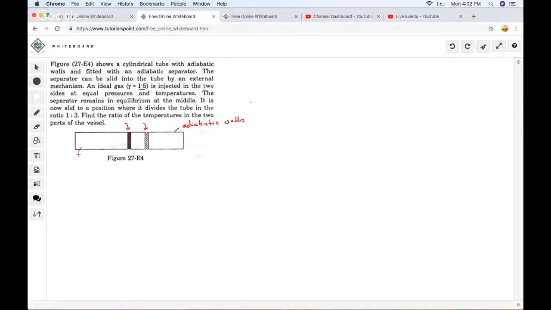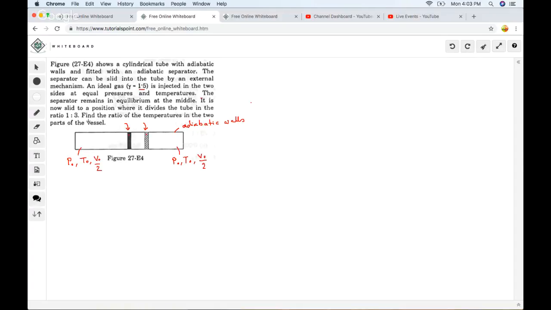Let's say pressure is P naught and temperature is T naught on both sides. The separator remains in equilibrium at the middle, so initially the volume is V naught by 2 on each side.